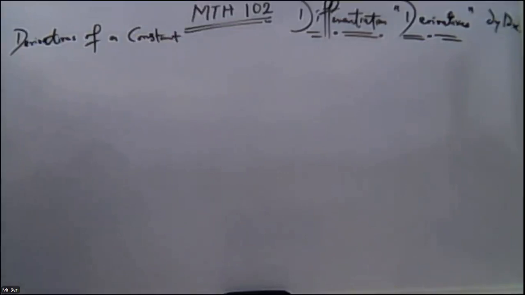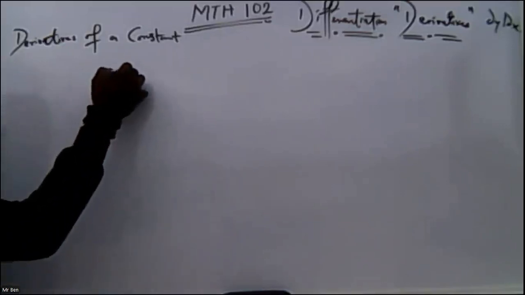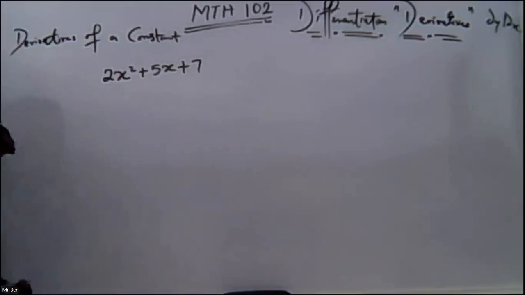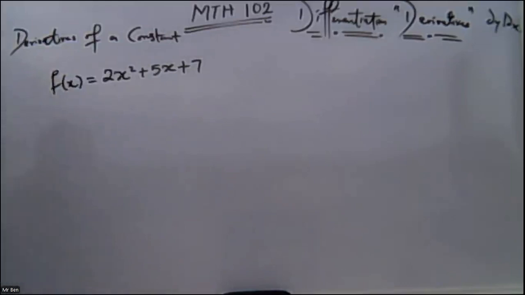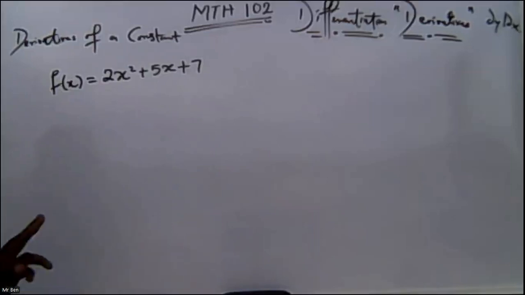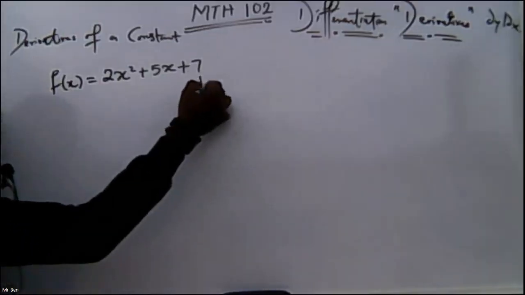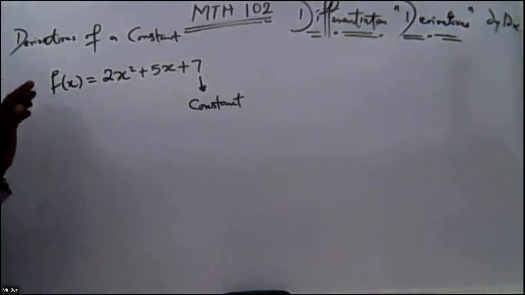Let's have a function like this: 2x squared plus 5x plus 7. This is a function; let's call it f of x. The constant in this function is this 7. That 7 is the constant.